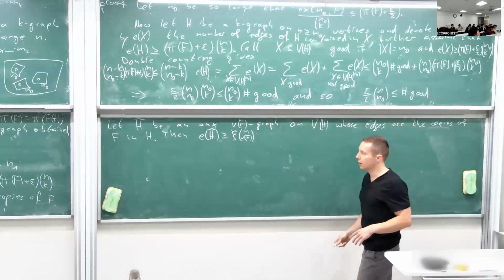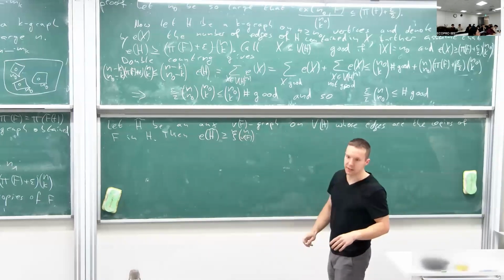And it is a v(F)-uniform hypergraph on n vertices.